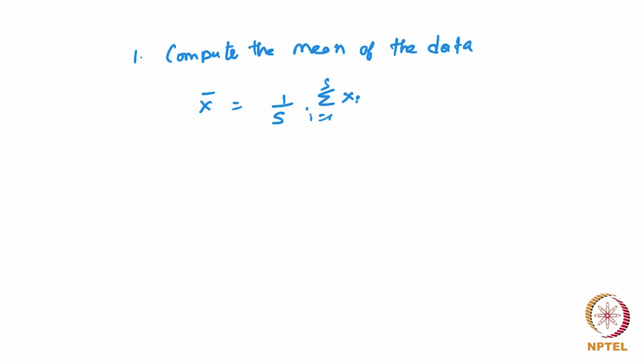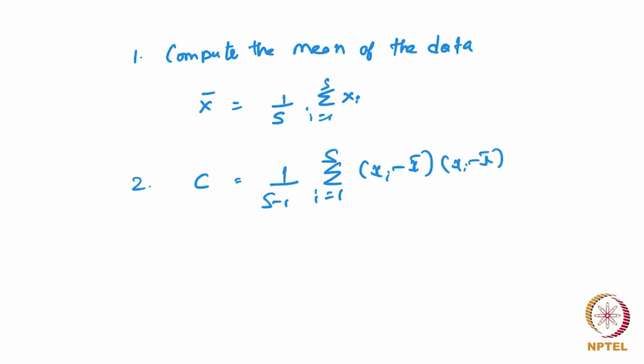Then, if you compute the covariance of the data, I'm going to call it C. It's 1 over S minus 1, summation i equal to 1 to S, large S, of xi minus x bar times xi minus x bar transpose.